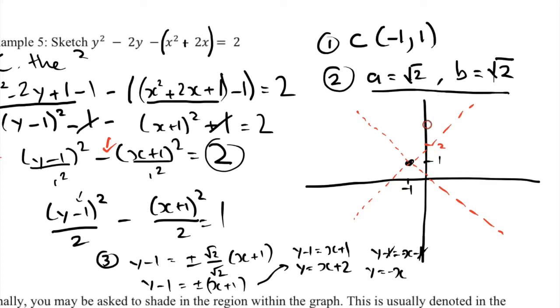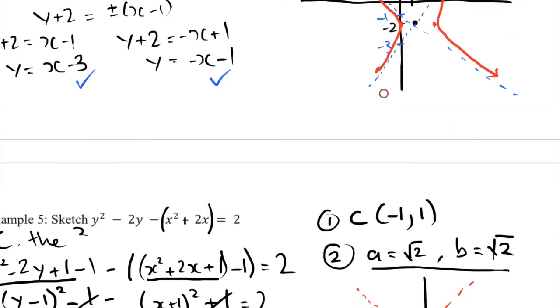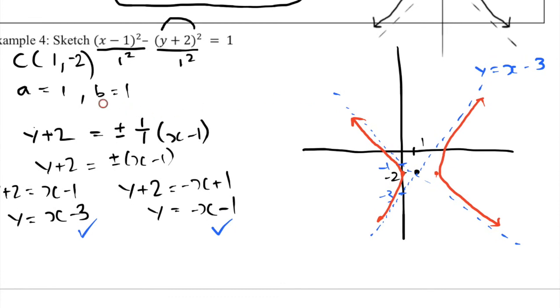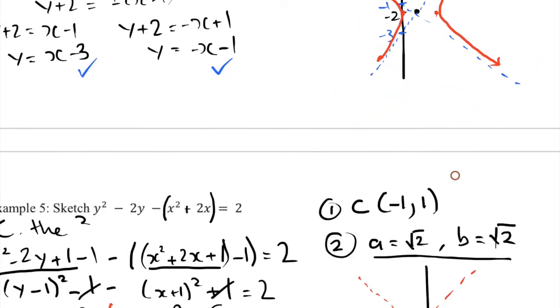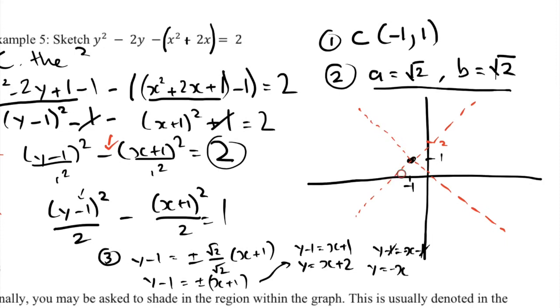Now, last time we added with the horizontal, the a component. So we took the left and right, right here. That's because the shape was a left-right hyperbola. Now we have an up-down hyperbola.